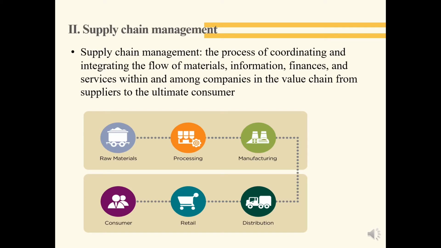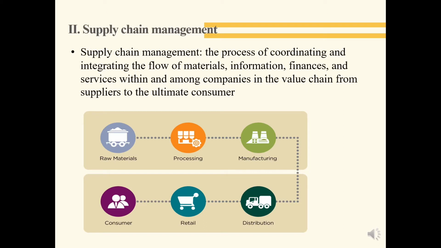So we have four participants in this game: suppliers, distributors, retailers, and consumers. Each step will be performed by one firm, or the international firm can perform them by themselves.